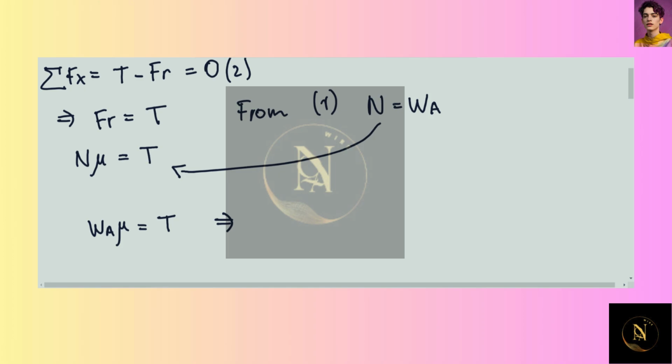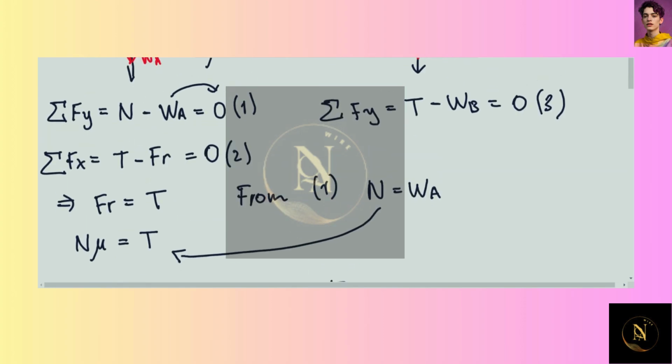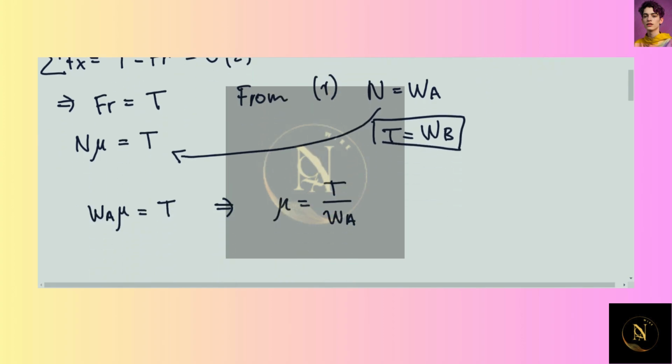And from here, the coefficient of friction should be equal to the tension over the weight A. Now, from the third equation, we know that the tension is equal to the weight of block B.